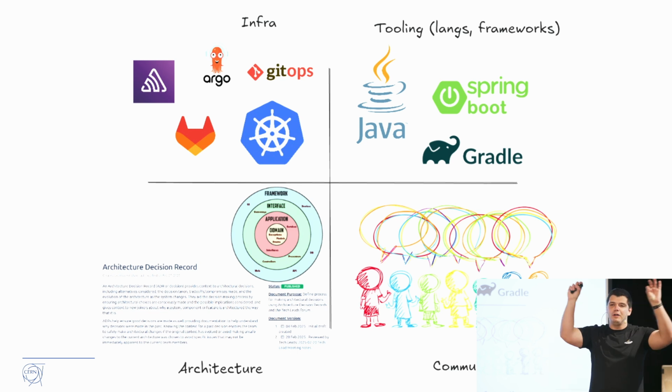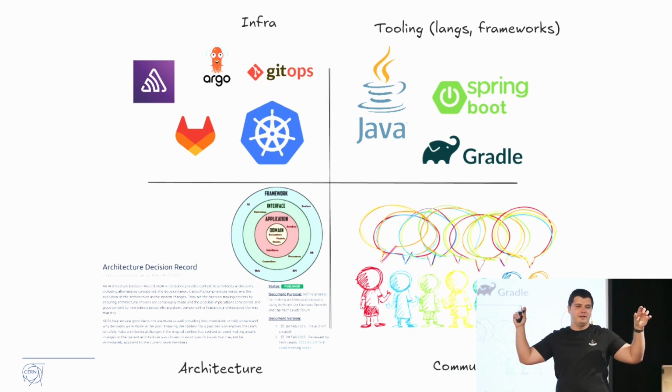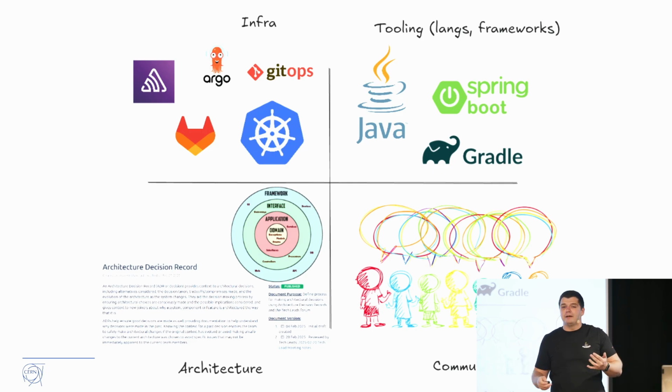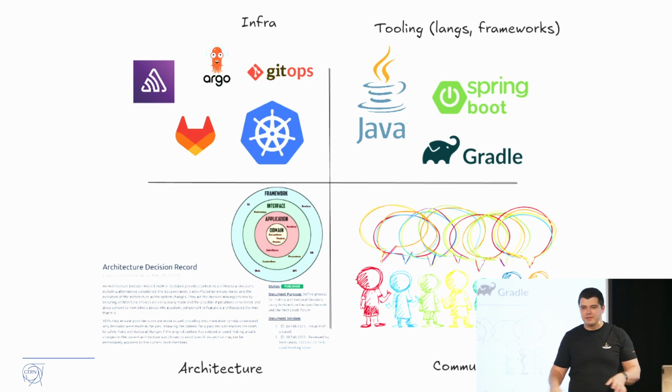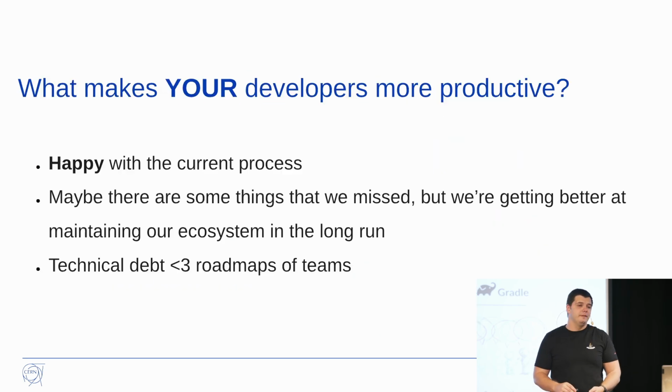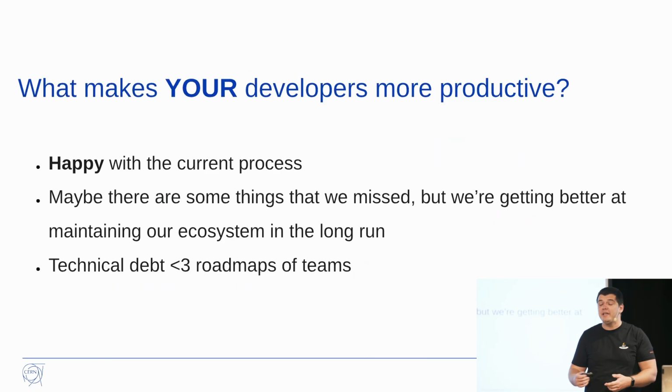And this whole collection of pillars comes together into something which we really like, which makes us happy, which makes us more productive as well. Build times are faster, things are homogeneous across the group and so on in most cases. And yeah, that's great. So the big question here is what makes your developers more productive, right?